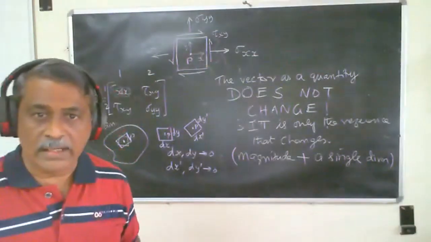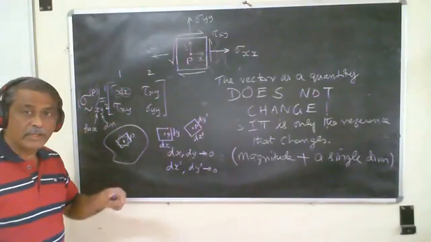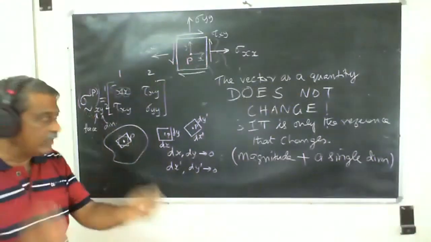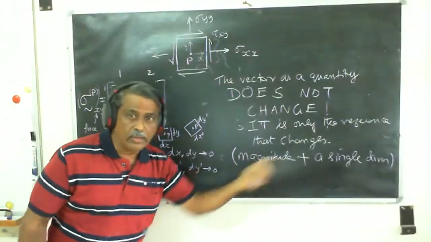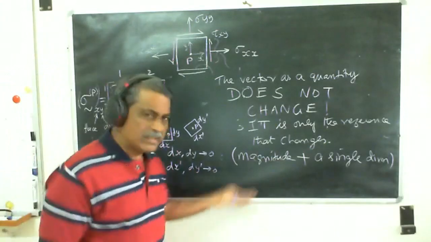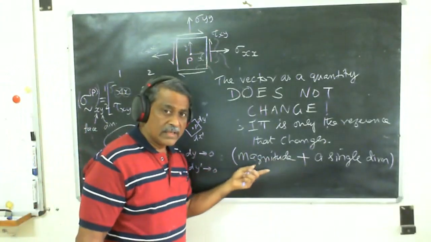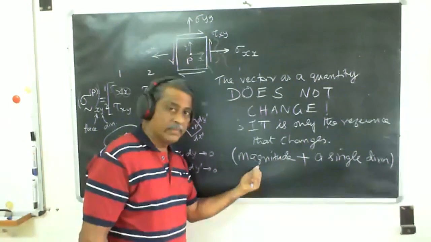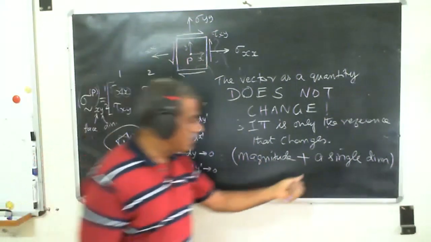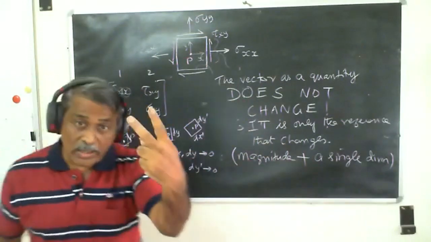But one golden thing that I have found out is, while this may have some magnitudes, we'll come to what would be the magnitude of that. Some of you would have done linear algebra and know it well, but just listen to me. As far as the simple vector is concerned, you have a magnitude and a single direction. One thing that we have figured out is it is not a single direction as far as this stress is concerned. It has two directions.